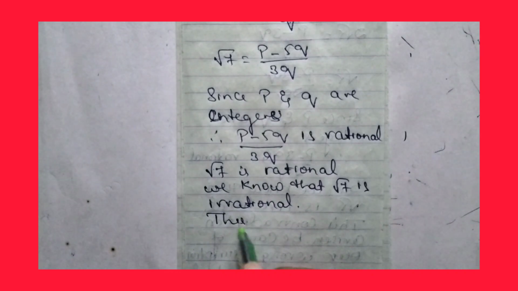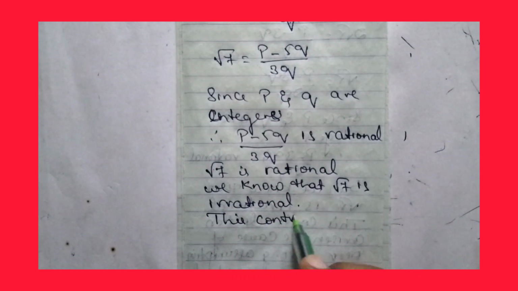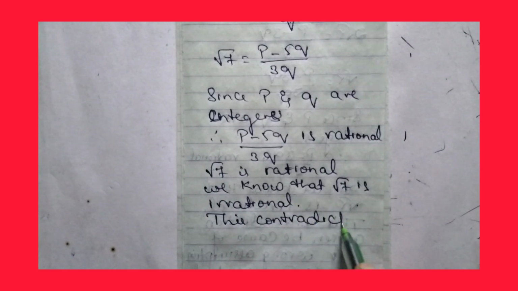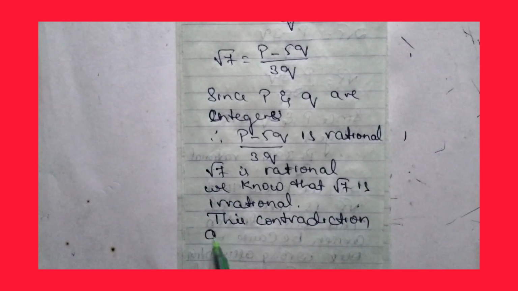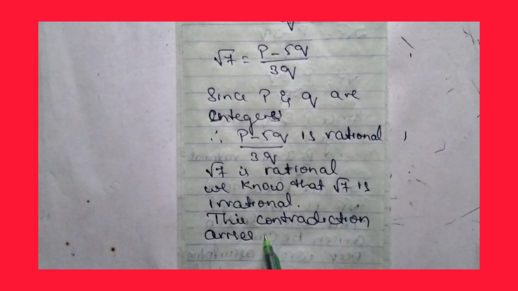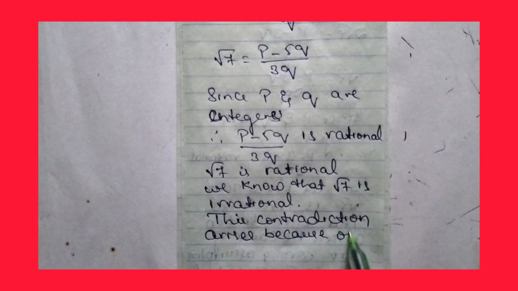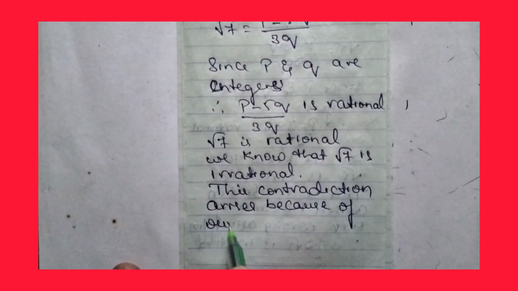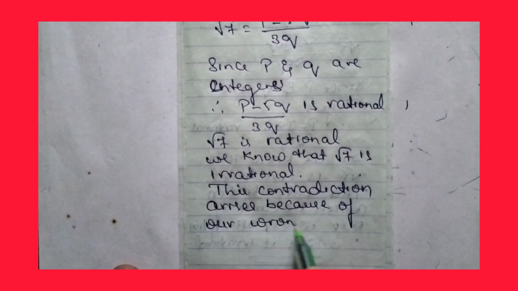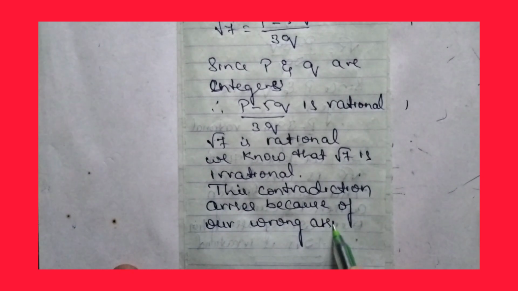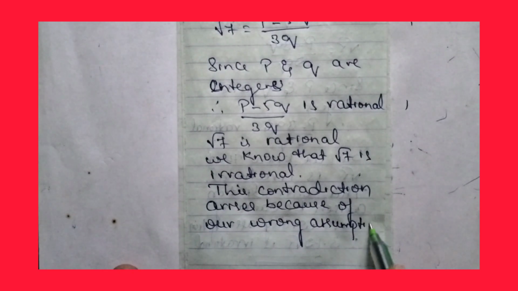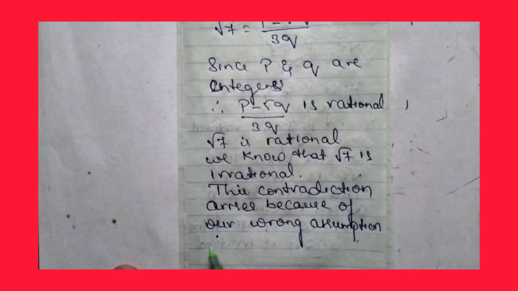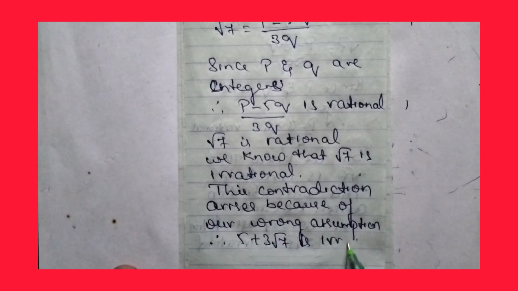This contradiction arises because of our wrong assumption, therefore 5 plus 3 root 7 is irrational.